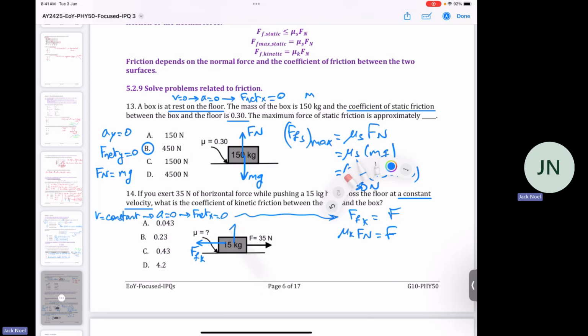Again here, the only two forces acting vertically on the box are Fn and mg. They are equal to each other because the object is not accelerating along the y-axis.